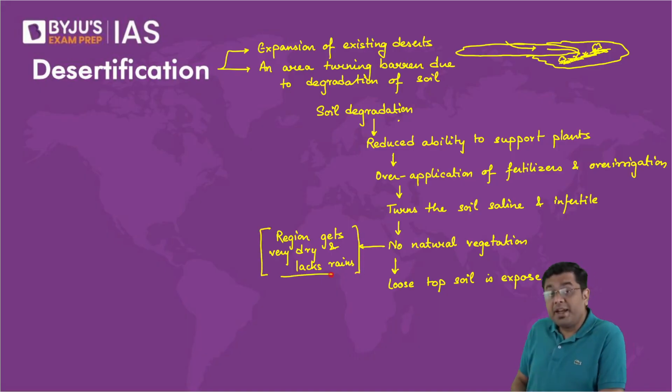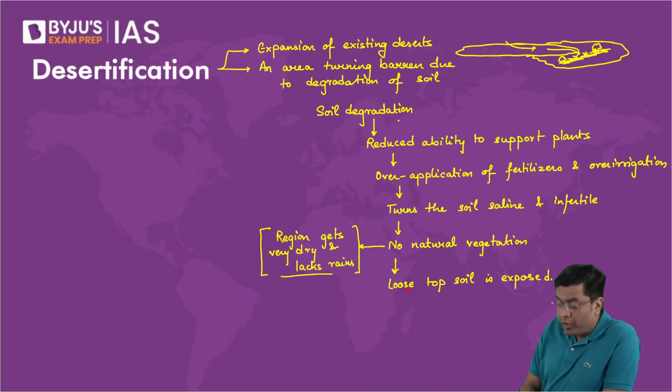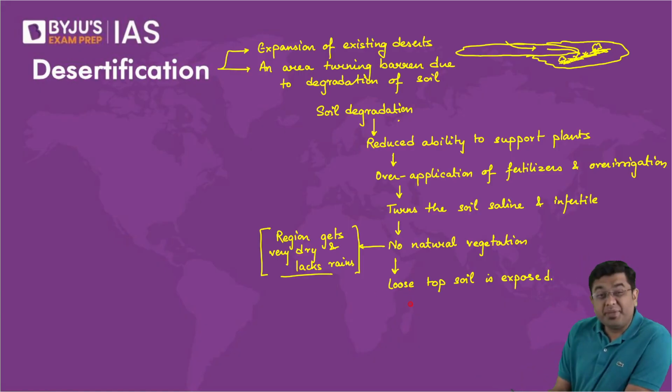A region gets very dry if there is deforestation, or natural vegetation is not there, trees are not there. The rainfall pattern is always hampered, so the topsoil is exposed and it becomes dry also due to lack of moisture, so the topsoil is eroded.